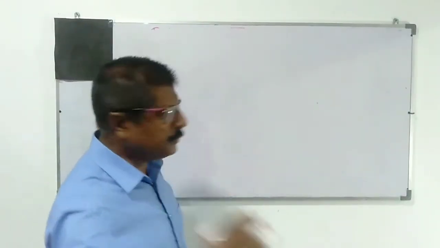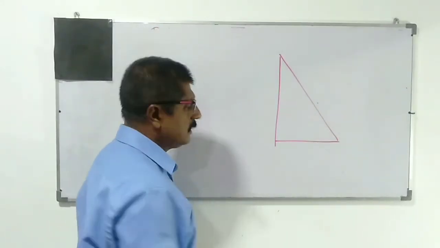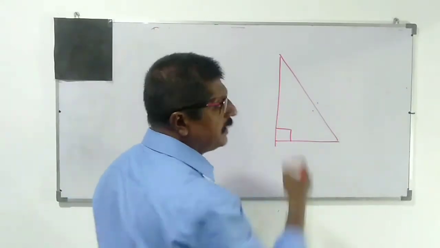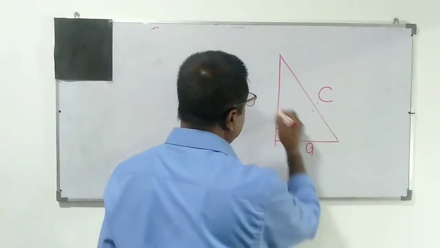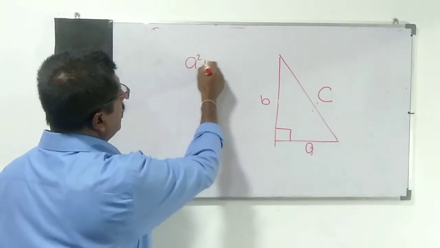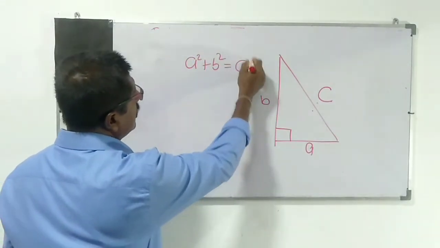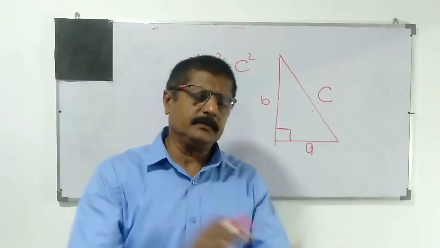Now, let's draw a right angle triangle like this. This is the right angle, this is the hypotenuse. This is C, A, B. Now we know that A squared plus B squared equals C squared. We know this thing. This is Pythagorean theorem.